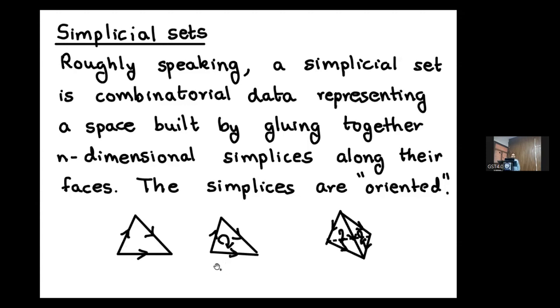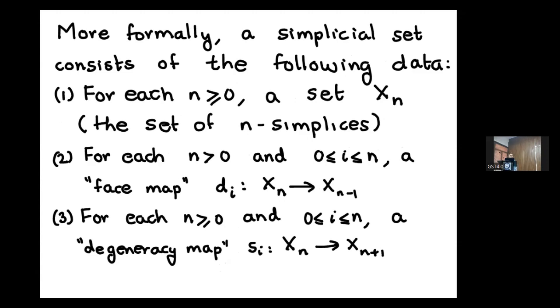Now I will talk about what this means formally. More formally, a simplicial set consists of the following data. As I said, it's data for gluing together simplices to form a topological space.